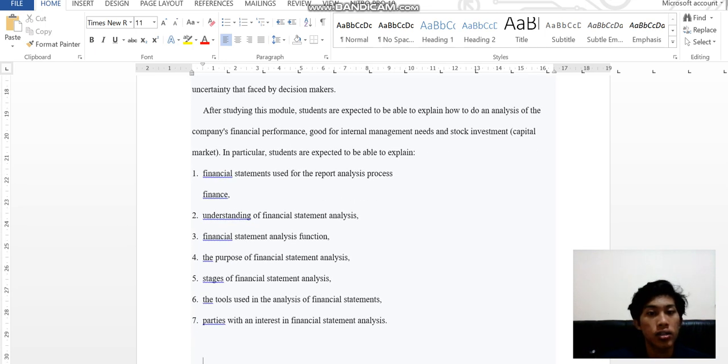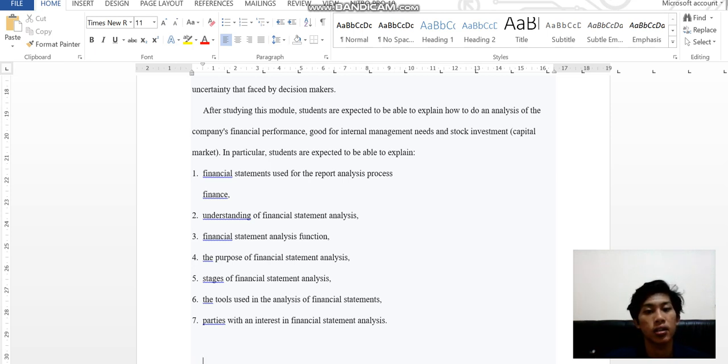After studying this module, students are expected to be able to explain how to do an analysis of the company's financial performance, both for internal management needs and for stock investment or the capital market. In particular, students are expected to be able to explain: 1. Financial statements used for the financial report analysis process. 2.